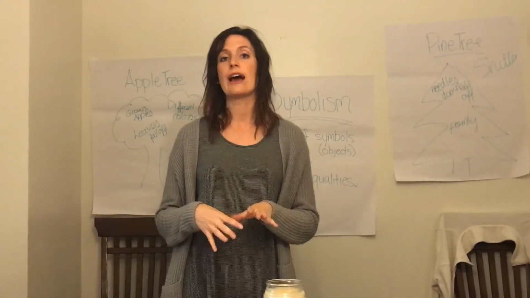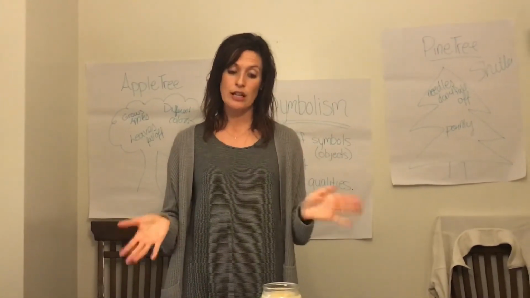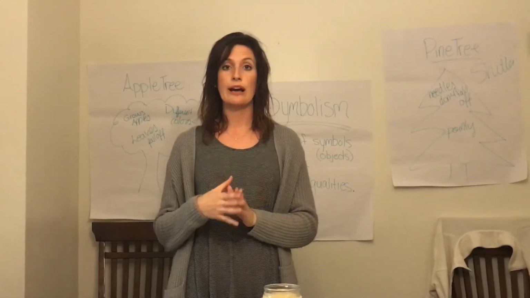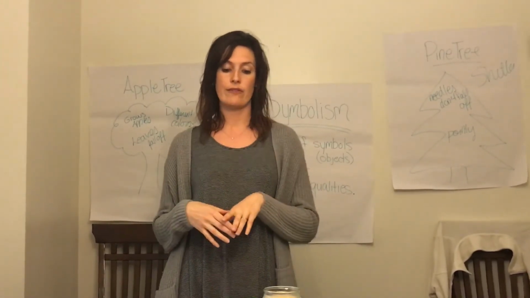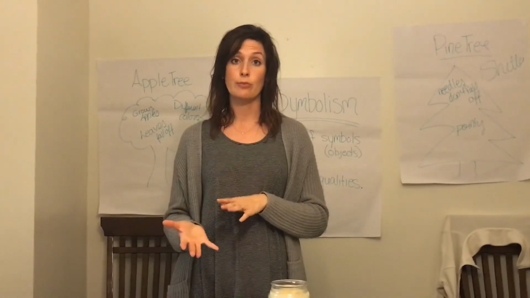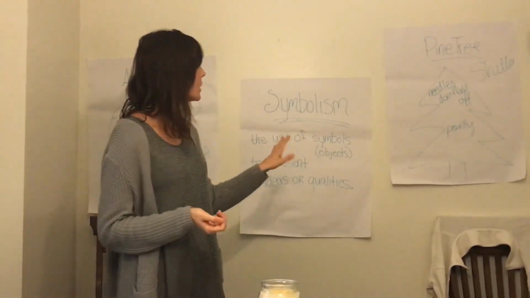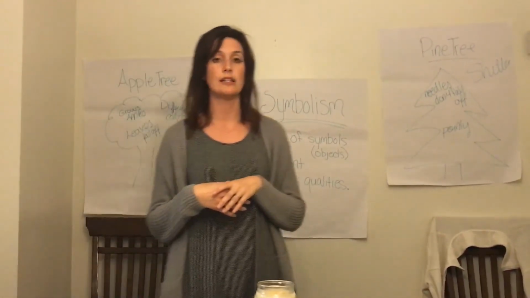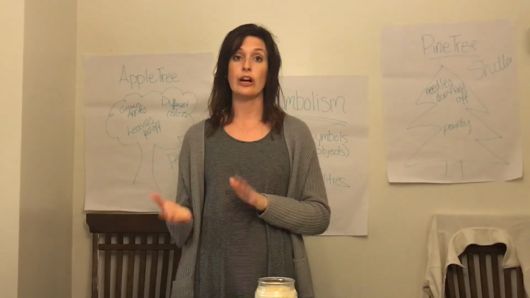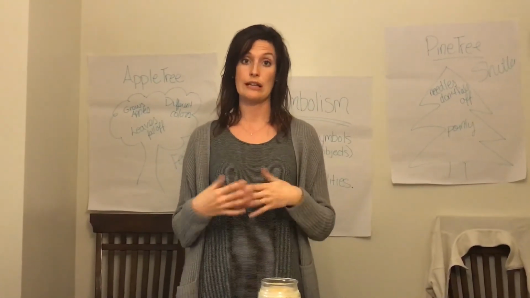And hopefully after they were able to make their prediction, then at the end of the book we could conclude and see if they were able to make a good prediction based on what they know about symbolism and the character and the author's purpose for putting it in there.